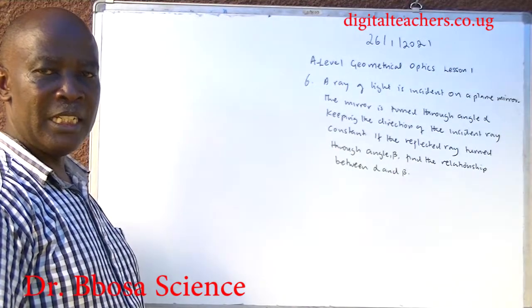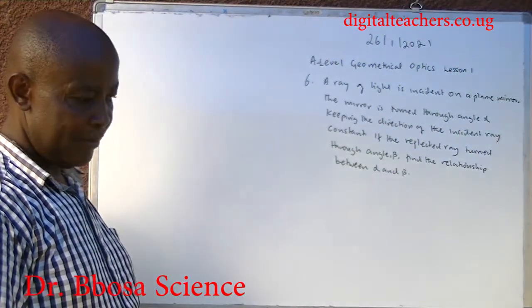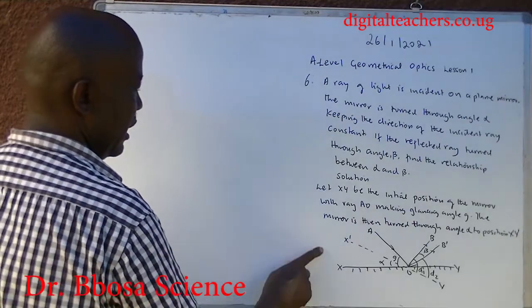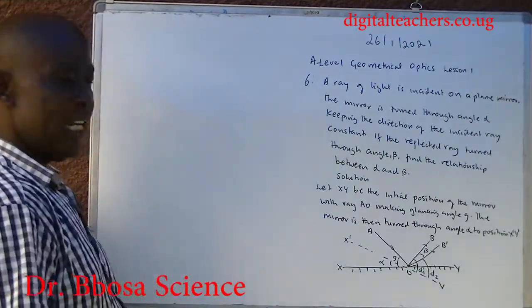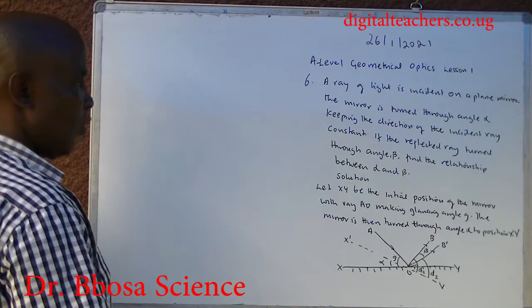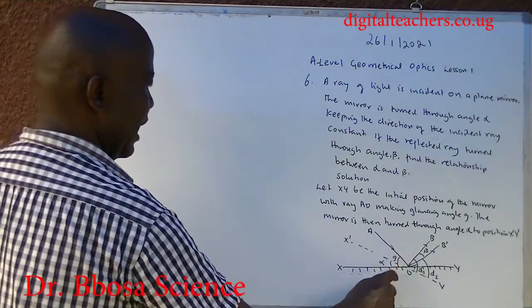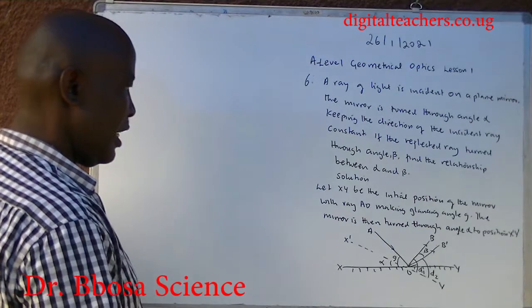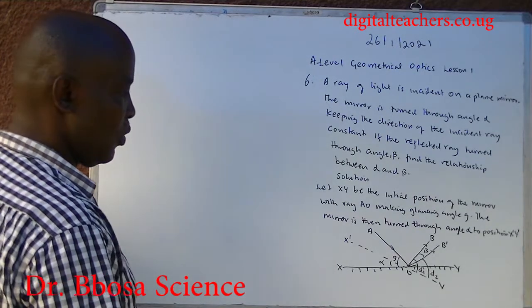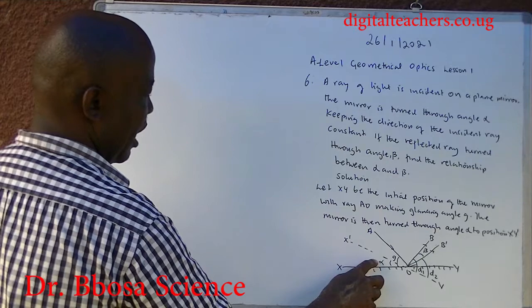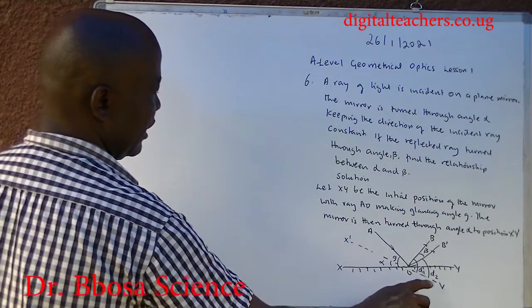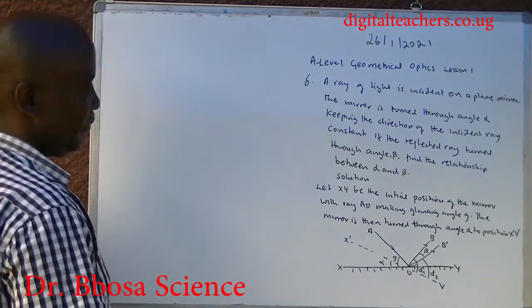You can pause and answer. Let XY be the initial position of the mirror with ray AO making a glancing angle G. The mirror is then rotated through an angle alpha to position X dash, Y dash.